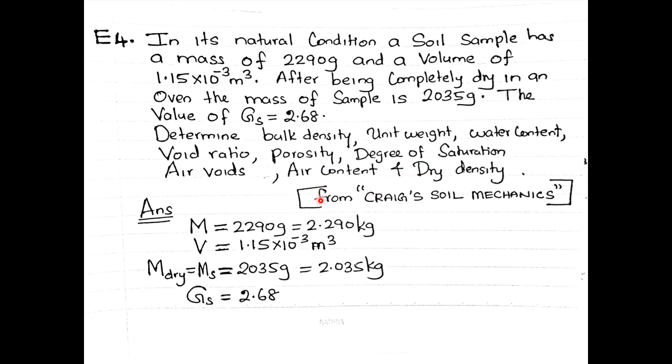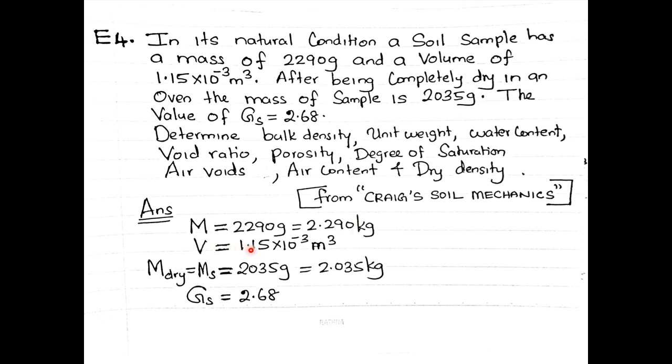This example is from Craig's soil mechanics. Answer: this one can be solved using the phase diagram method or any other method. Total mass, the natural or wet mass, is 2290 gram.